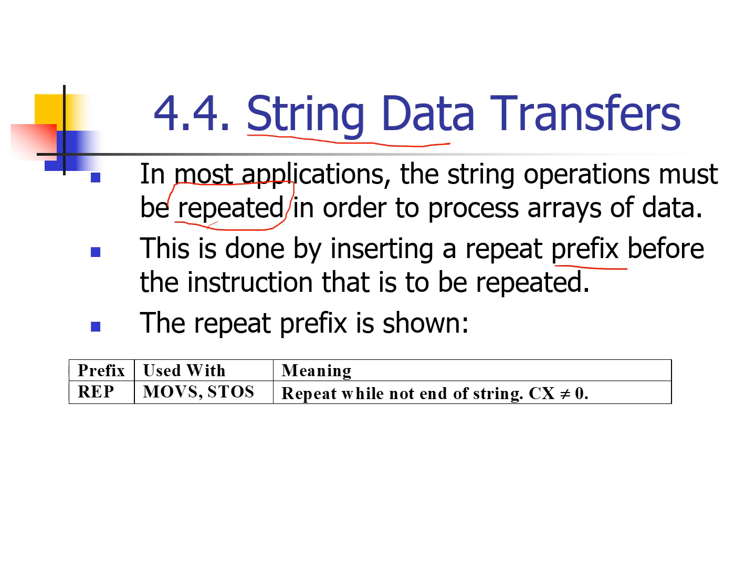This is MOVS or STOS. You prefix it by REP, which means you repeat this instruction. How many times do you repeat it? You repeat it as many times as the value inside your CX. So you repeat it till the value inside your CX is 0.